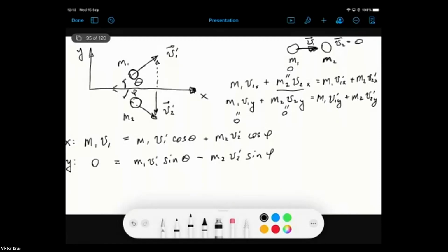So we already have a set of two equations.